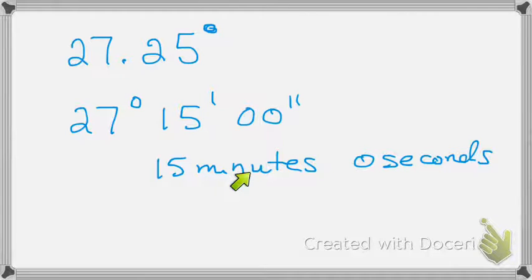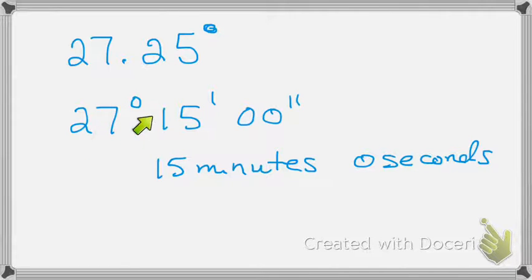Okay, so when you say 15 minutes, that is 15 out of 60, which is the same thing as 1/4. So this is 25 hundredths because you're writing it in normal number notation. Minutes are based on 60 units, so this is 15 out of 60, so that's 1/4.